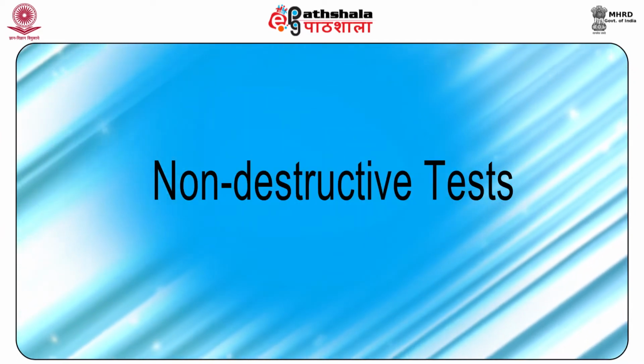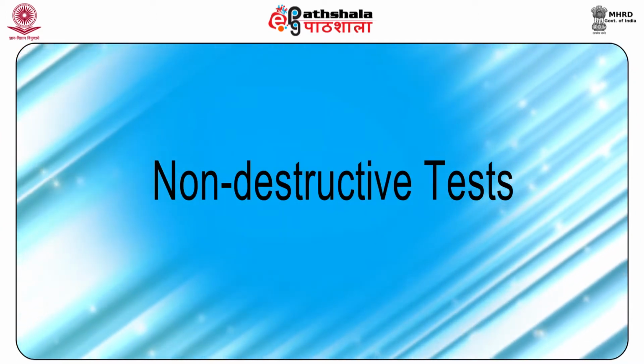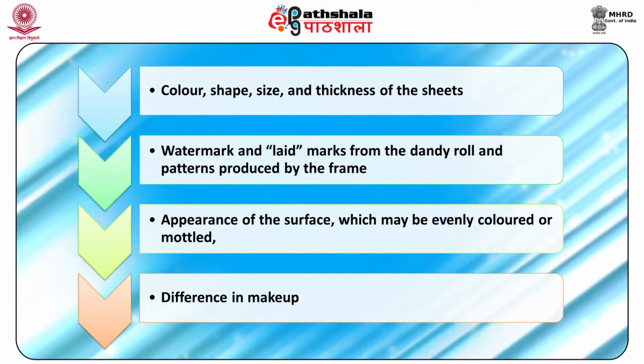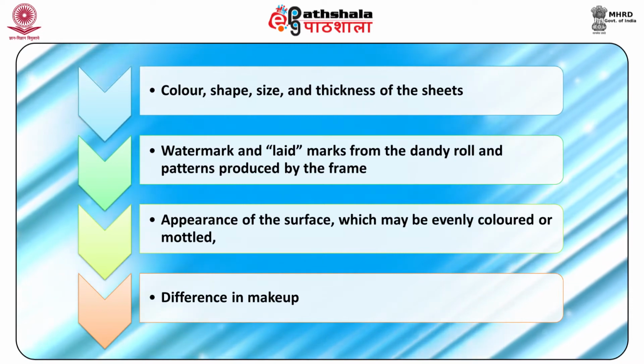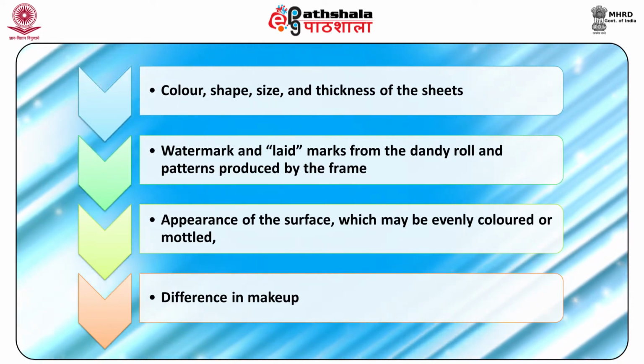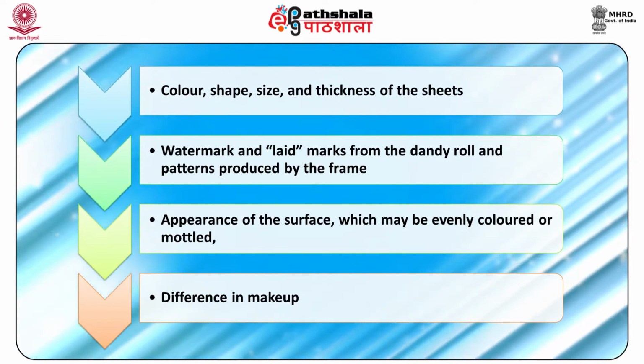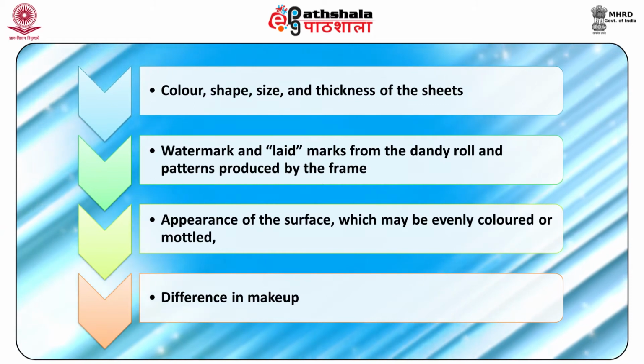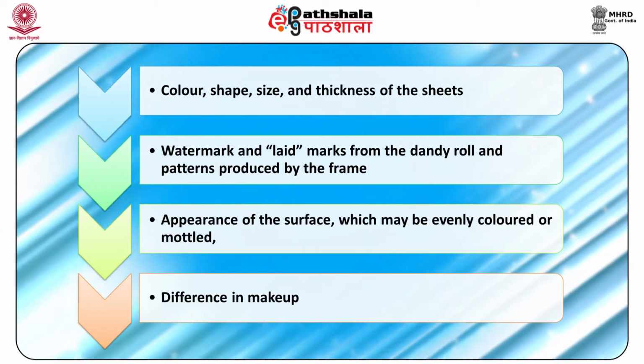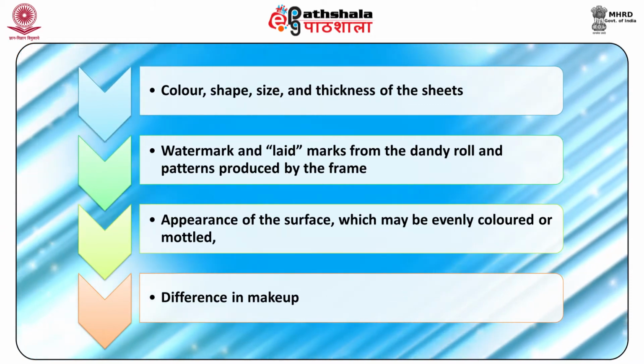Next is the non-destructive test. Most of the operations in the manufacture of paper provide features that can distinguish one type from another, either by direct observation or by more elaborate techniques.